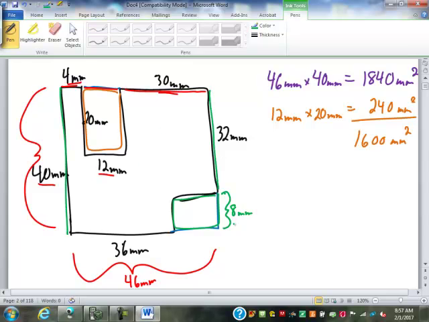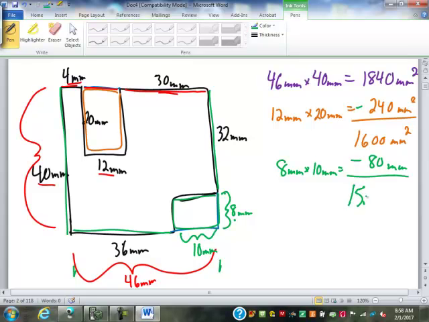This is 32. The difference is 8. How about this dimension? 10 millimeters. 46 all the way. This is 36 here. The difference is 10. So 8 by 10 or 10 by 8. 80 millimeters. This is subtracting. This is still subtracting. 1,520 millimeters squared.